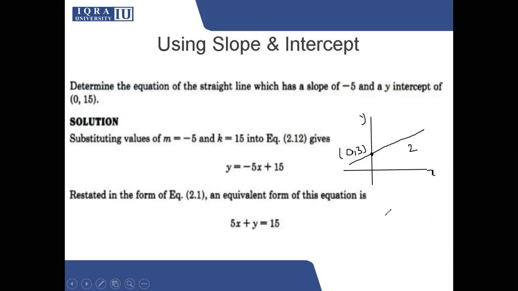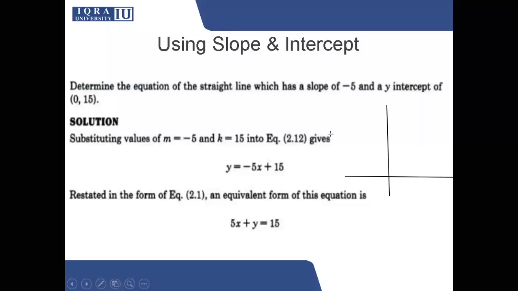So these two sets of information are available to me, and now I am asked to make an equation. How do you proceed with this? I'll tell you using this example. Determine the equation of the straight line which has a slope of -5 and a y-intercept of 0, 15. Let's think this through. I have a line, and I'll mark 1, 2, 3, 4, 5, 6, 7, up to 15.